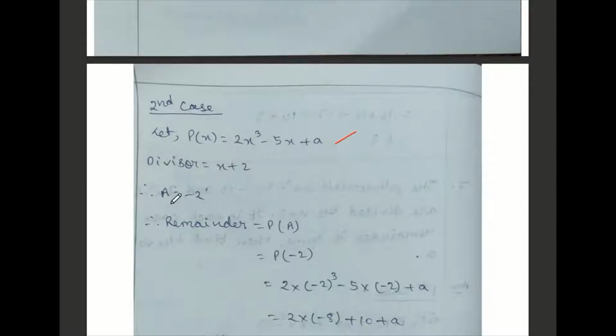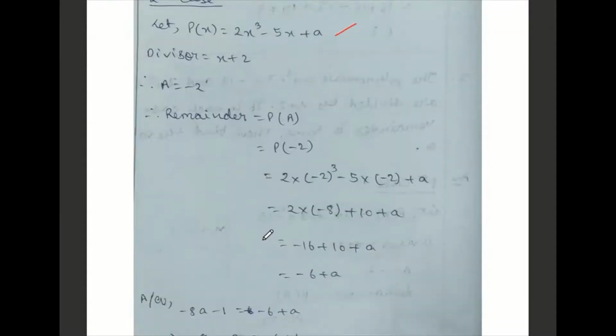Normally we can use small letter a here, but since in this polynomial you have small a, that's why we are taking capital A. So A is minus 2. Therefore the remainder, same way you can calculate p(A), that is p of minus 2. In place of x, wherever you find x in this polynomial, replace with minus 2. So 2 into minus 2 to the power 3 minus 5 into minus 2 plus a.